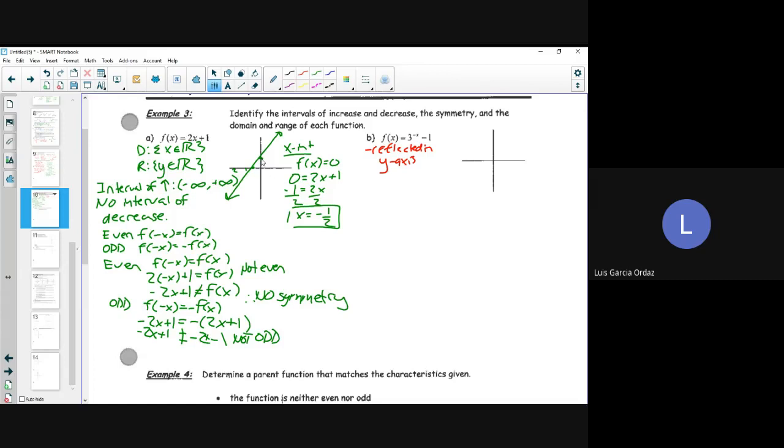Where is it? Negative 1. So normally exponential would go from left to right, increasing, but because it's reflected in the y-axis, which way is it going to go? Right to left, decreasing, right? And it's not going to be hitting negative 1.